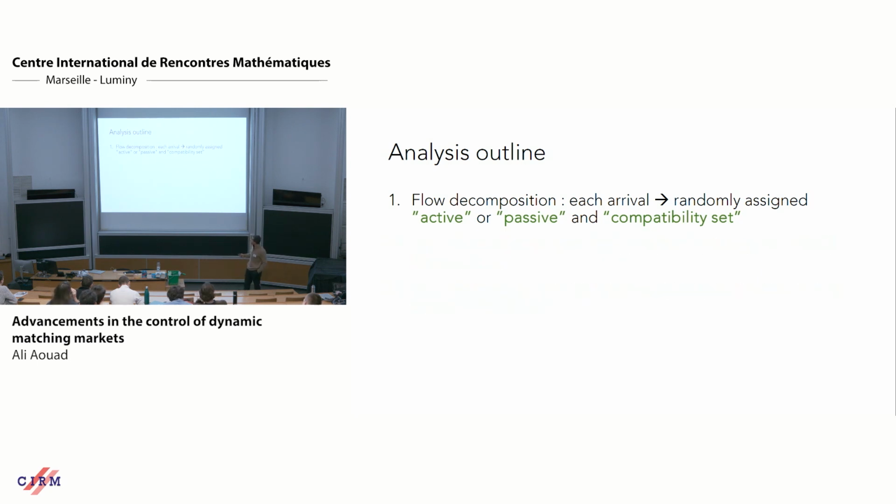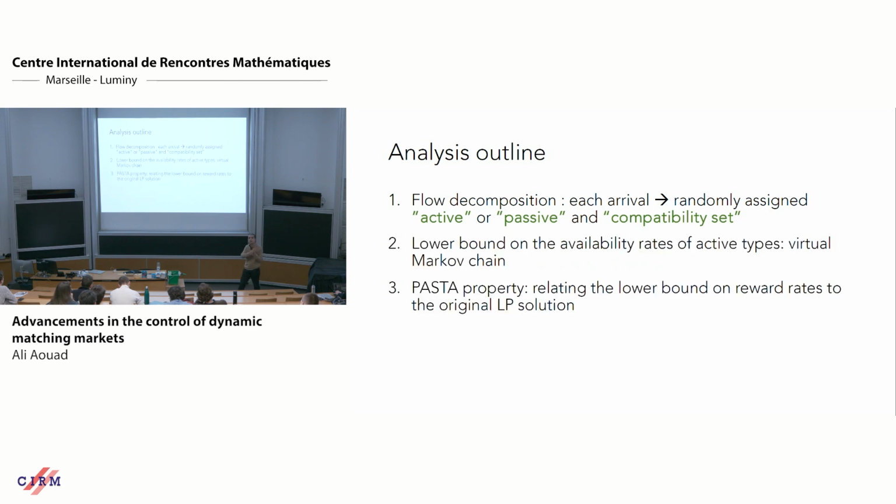The analysis is based on analyzing how rewards are accrued in this process over time, in expectation. One key idea is to lower bound the availability of agents and use the PASTA property, the fact that an arrival is independent of the state of the system.